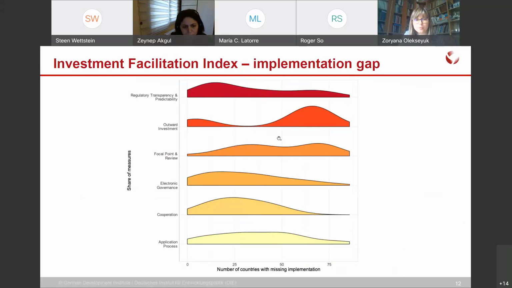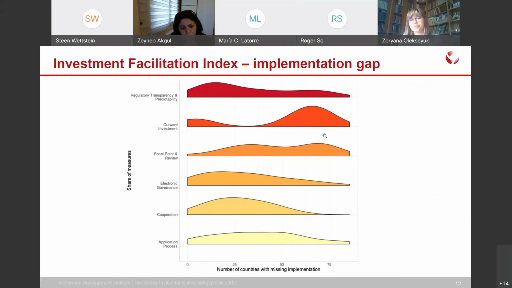For outward investment and for focal point and review policy areas, we have different pictures. So for many countries on the right-hand side, we have very, very high shares of unimplemented measures. And as long as it's not really a big problem for outward investment, which is probably not going to end up in the final agreement, it's a problem for focal point and review, because that is a very, very important policy area.